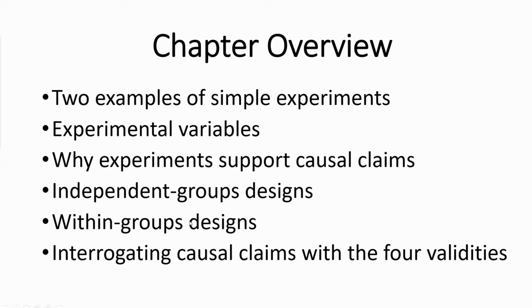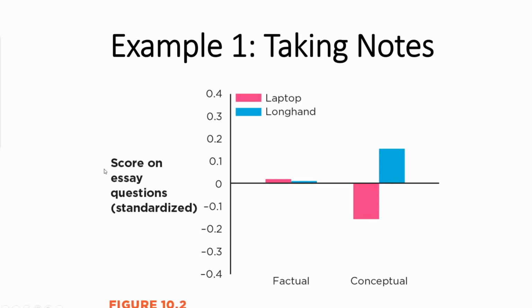Talking about 2 different types of designs, our independent groups and our within groups. And then we'll get to the end and bring back some familiar topics by looking at those 4 validities again, but specifically looking at how we can use those while looking at causal claims. So that is our outline.